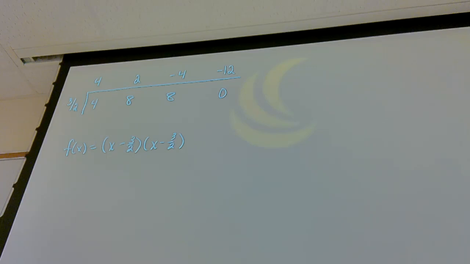X minus 3/2 is a factor of F1. What's your quotient? Isn't there 4 in common?